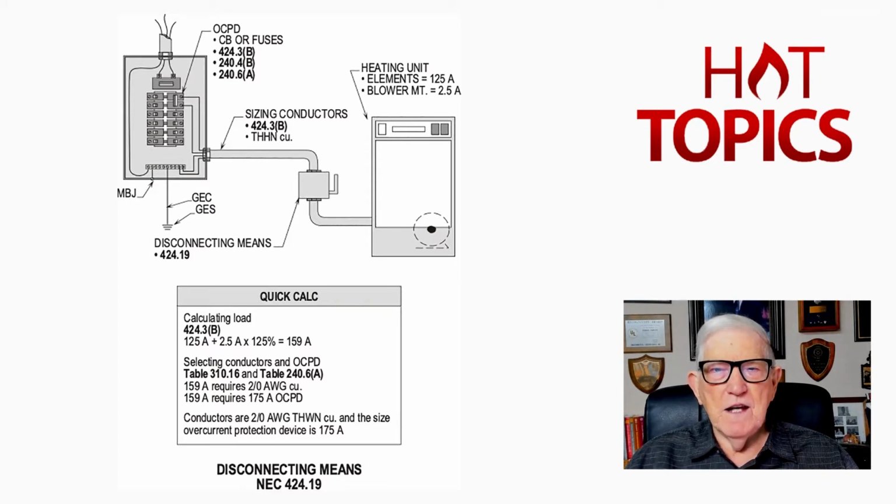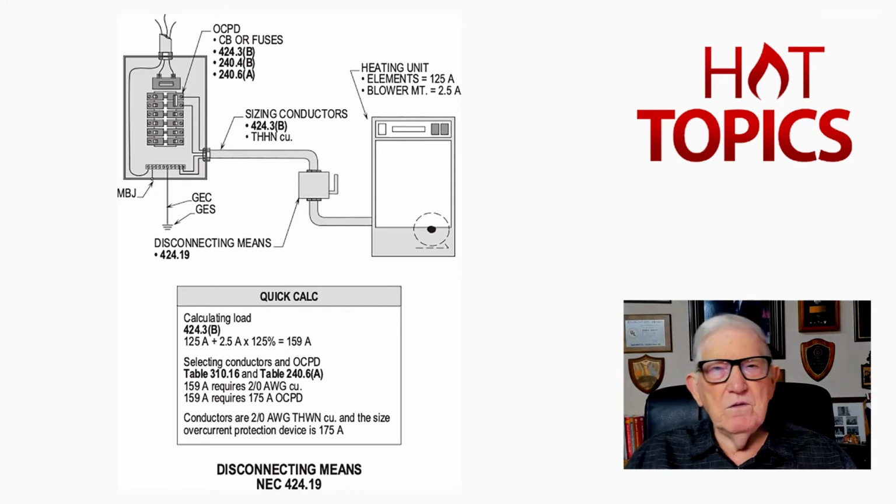We're using THHN in there, and we're pulling the conductors in a raceway here. And then notice you have a disconnecting means in accordance with 424.19. The heating element consists of elements of 125 amps, and the blower motor is 2 amps.